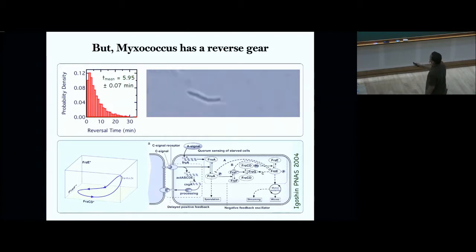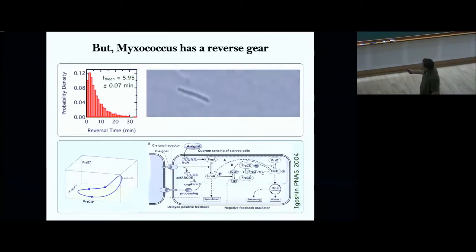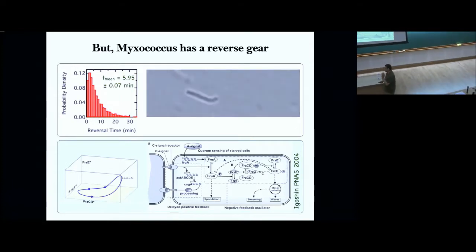This reversal itself is not very well understood, but there are some details that we know. It is controlled by a so-called frizzy oscillator system, these FRZ or frizzy proteins which create the oscillation from pole to pole, which sets the polarity of these molecular motors one way or the other, and that's how it reverses.